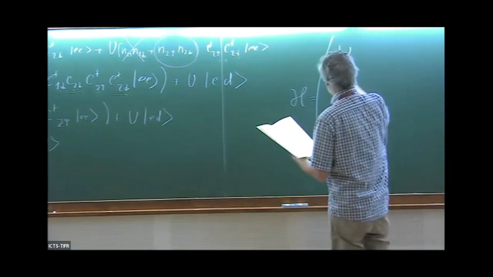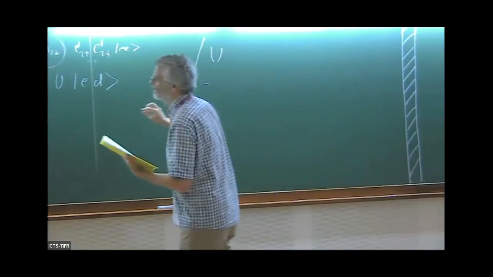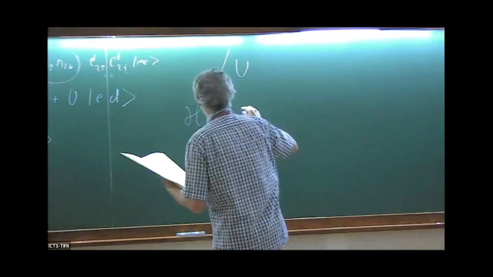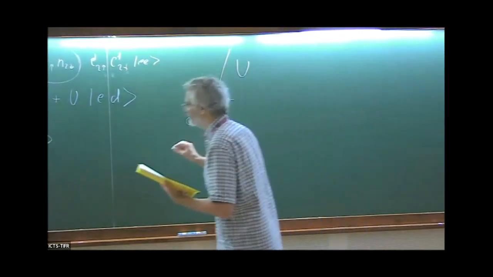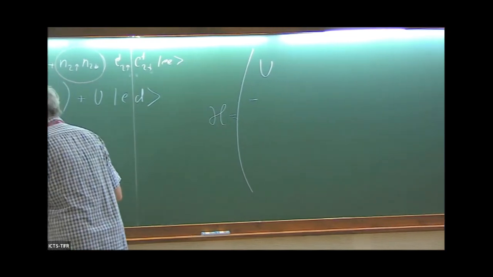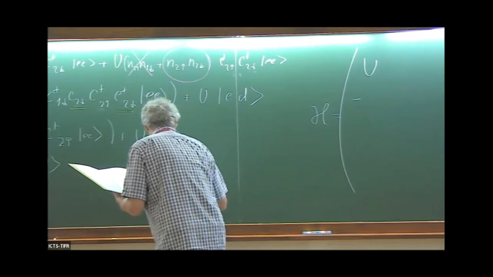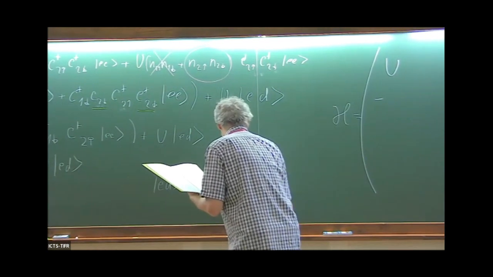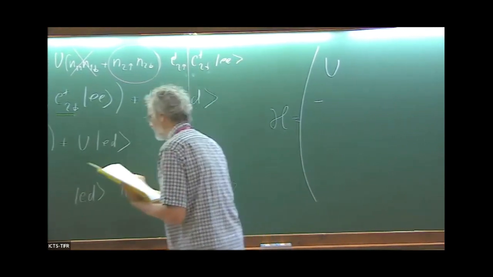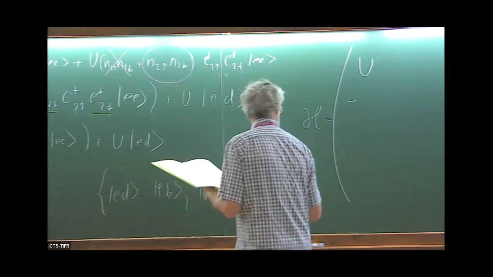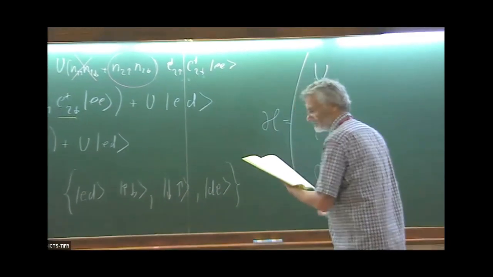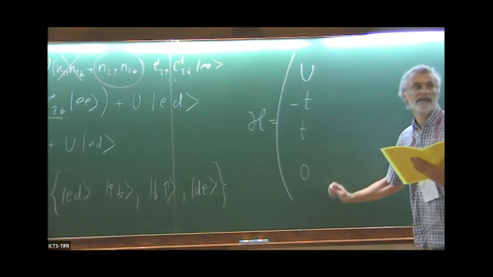It will be U, and I use the convention that the basis is empty double, then up, down, down, up. This is the Hilbert space, double, empty. Right. So there will be a minus T, there is a T, and there is 0. So this is the first column.